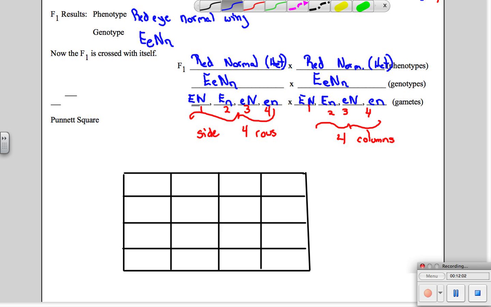Let's go ahead and now fill in one parent down the side, all the possible gametes. Remember, these are now eggs. These are now sperm. I can't split them up. Each one gets its own row or its own column. The other parent goes across the top, each different genetic gamete in its own column.